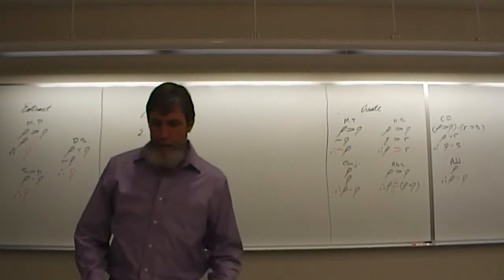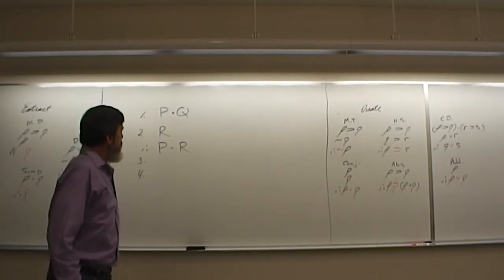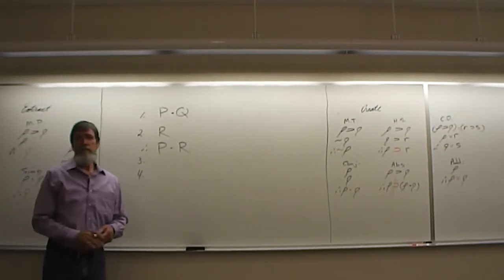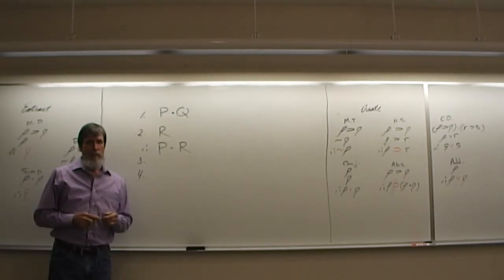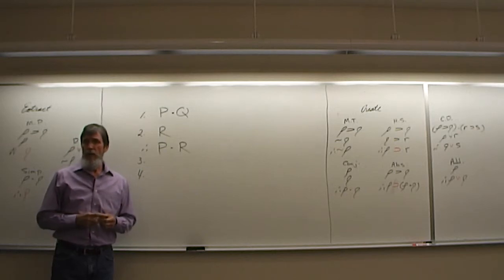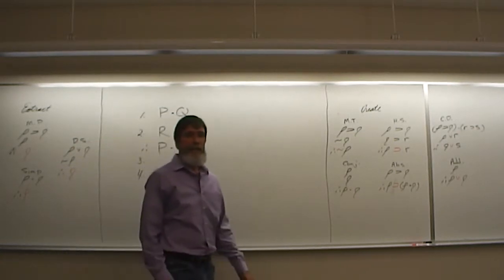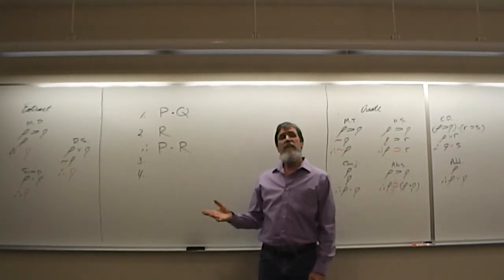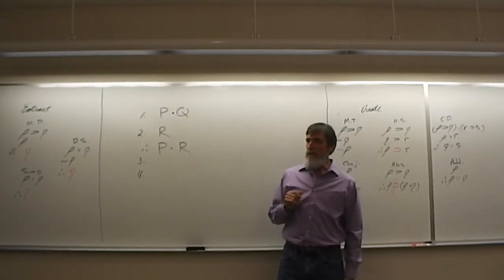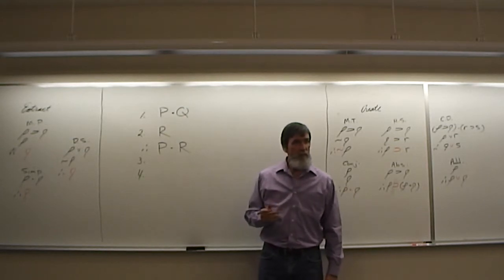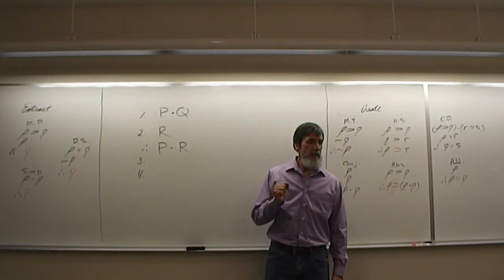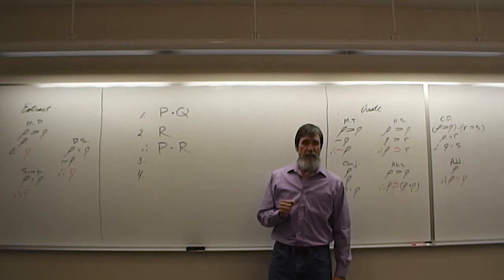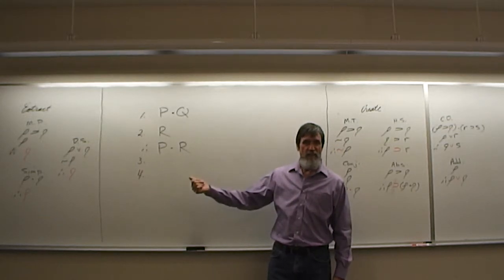Let's look over the hand we've been dealt. Line 1 is a conjunction. Pretty much only one thing we could do with that. Simplification, right? Okay. If line 1 were the premise of simplification, what would our conclusion be? Yes, P, thank you. Does everybody get that?